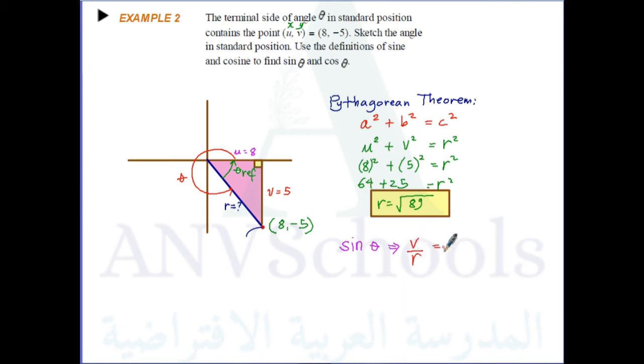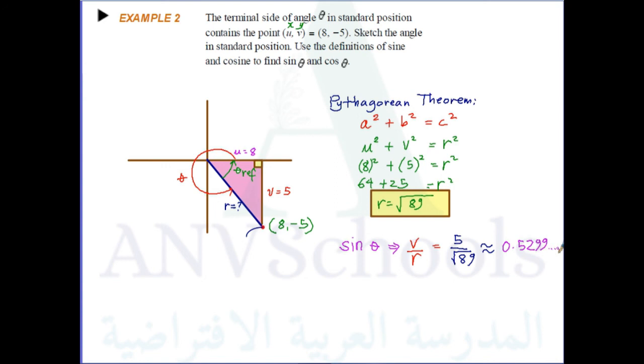So our v is 5 and our r is square root of 89. Correct? And using a calculator to solve for the value of our sine theta here, we have 5 divided by square root of 89, and that will give us 0.5299.